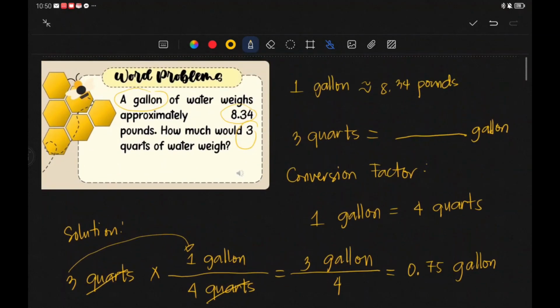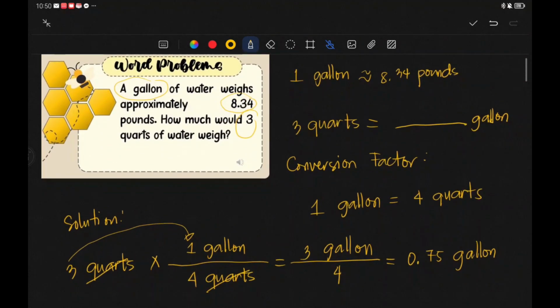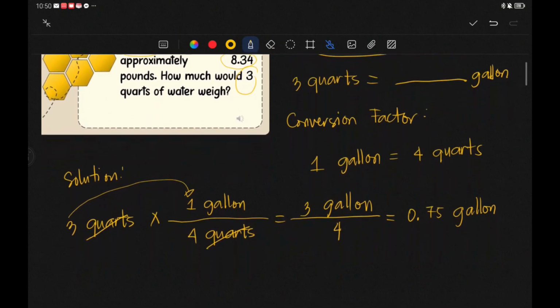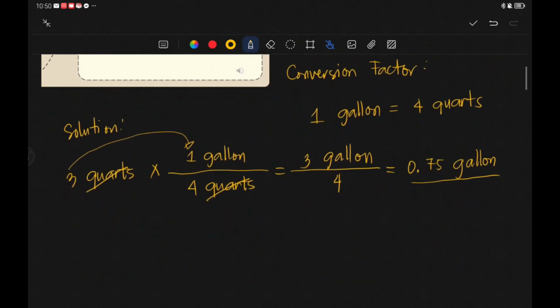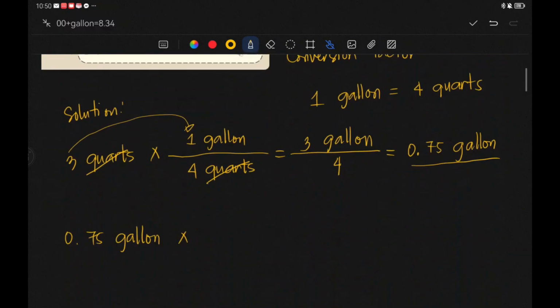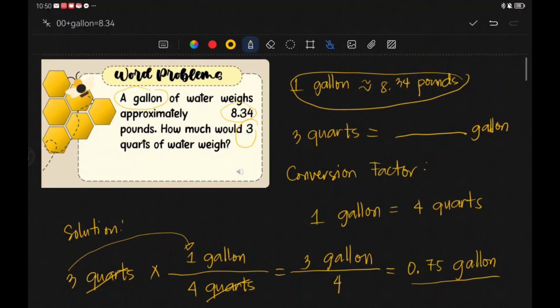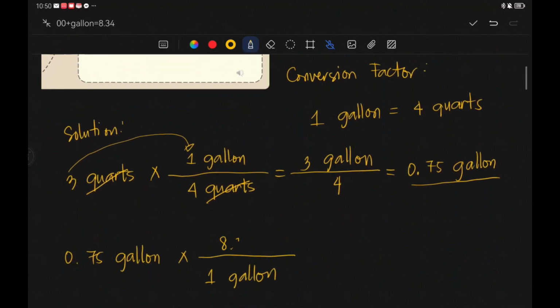Now, how do we have its approximation to pounds? So we are going to use 0.75 gallon times, we can write that as 1 gallon, and the numerator would be 8.34 pounds.